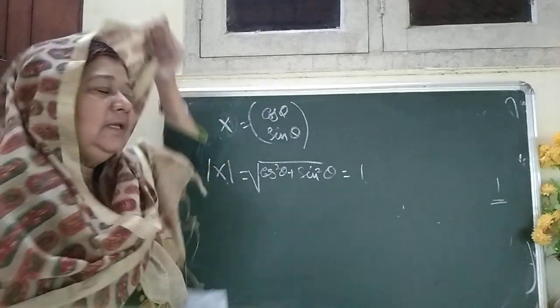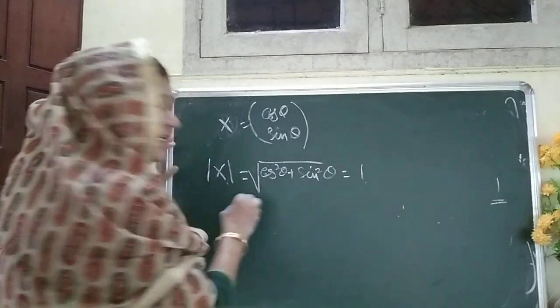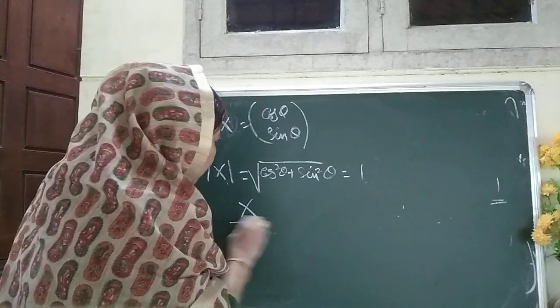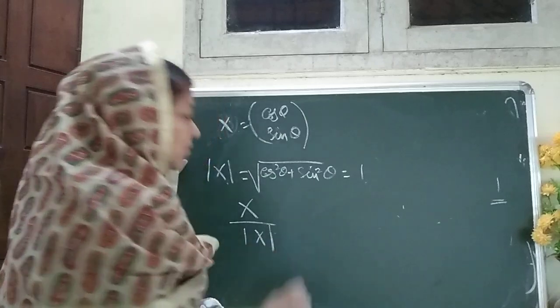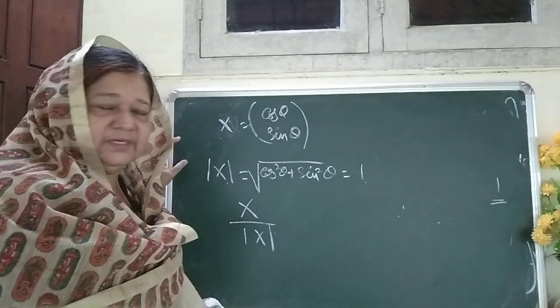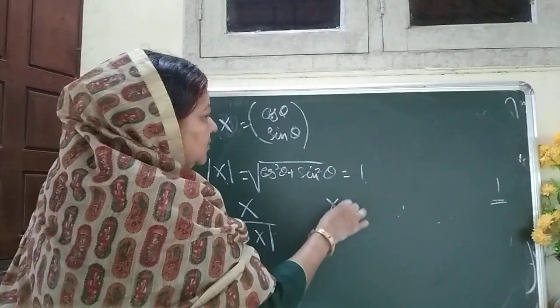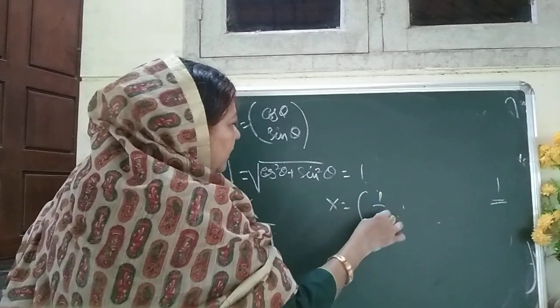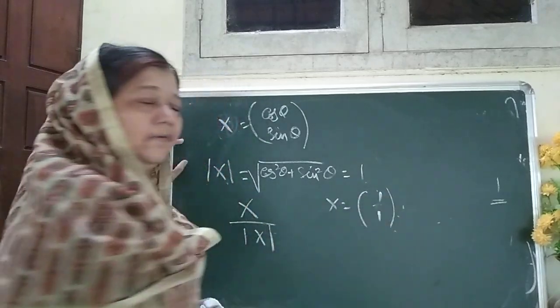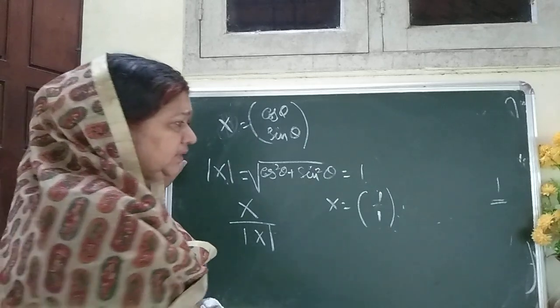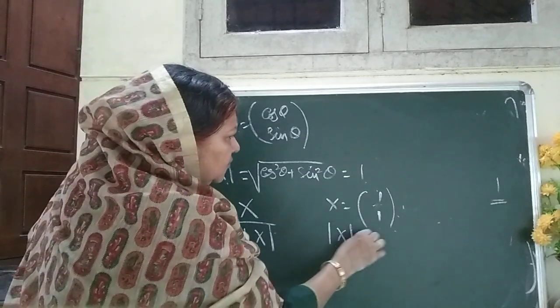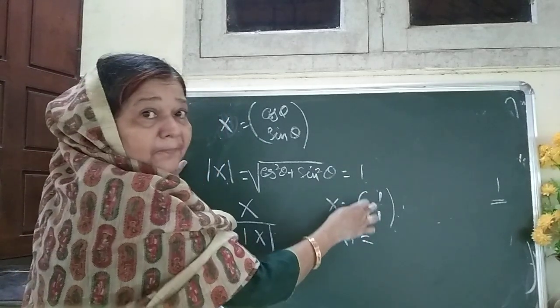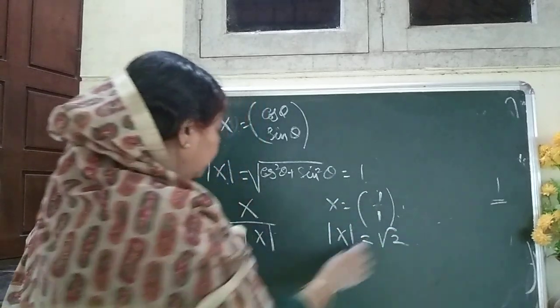Again we can see, if x is any vector, what about x by mod x? X by mod x is also a unit vector. For example, if x equal to say (1, 1), modulus of x equal to root of 1 plus 1, that is root 2.